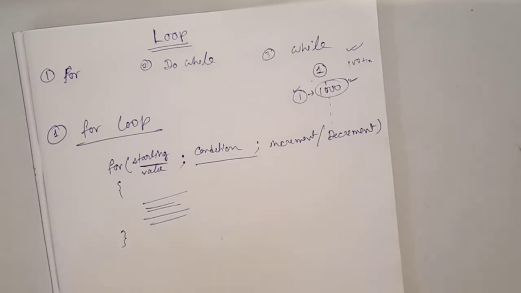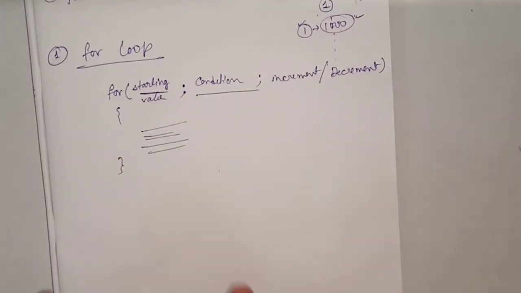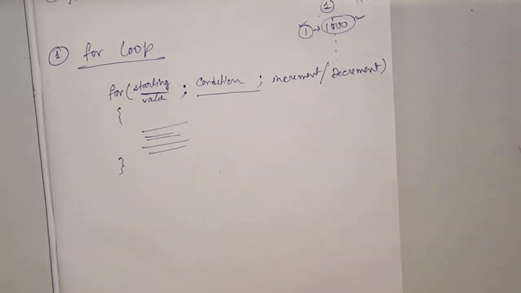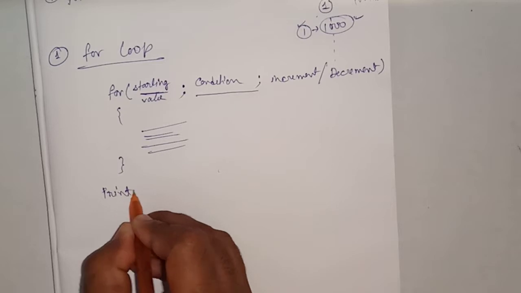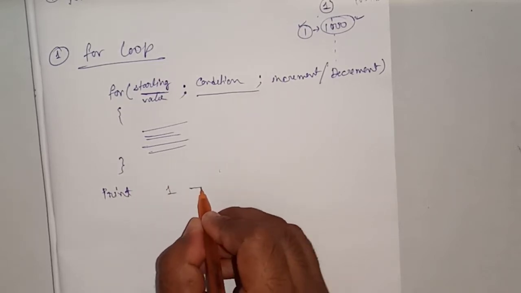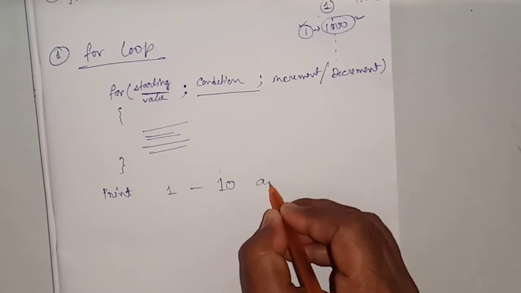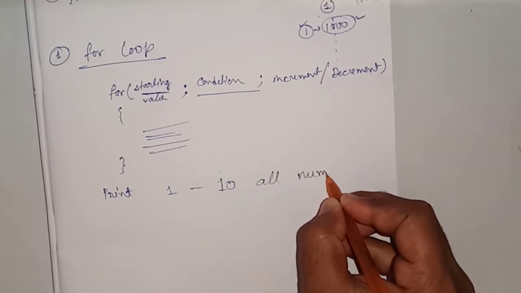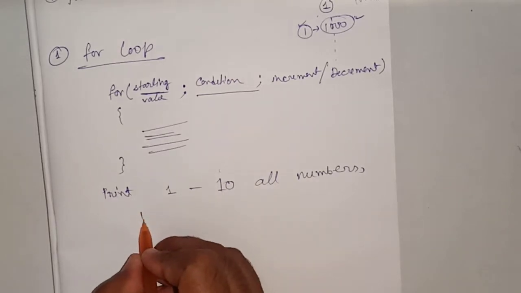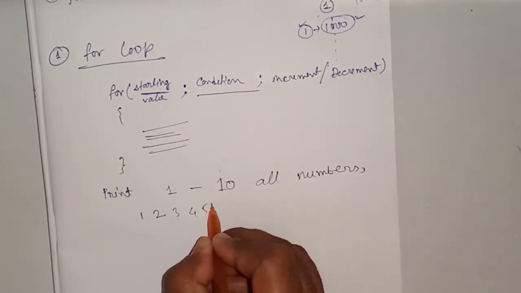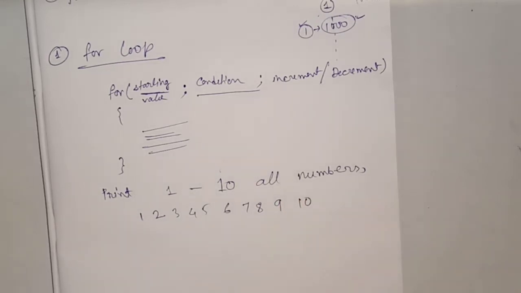Okay. So I'm giving a simple example to show these things. If I tell you to print all numbers from 1 to 10, it means you write 1 2 3 4 5 6 7 8 9 10 this way.